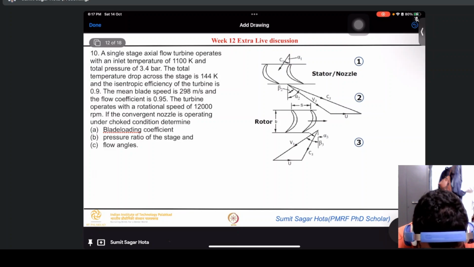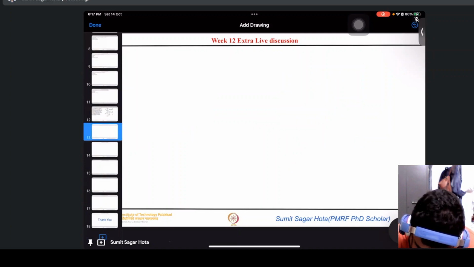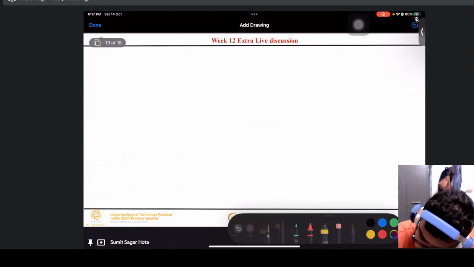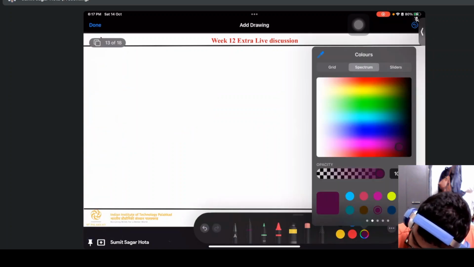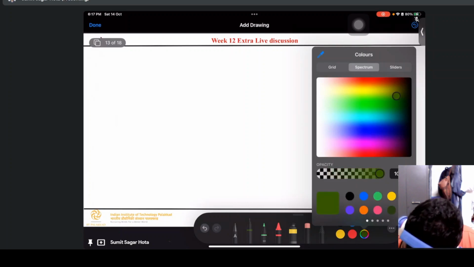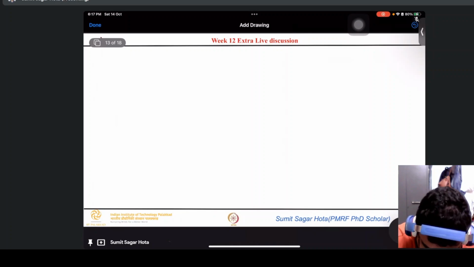How to draw this diagram is already covered in the theory. So the first part is A.